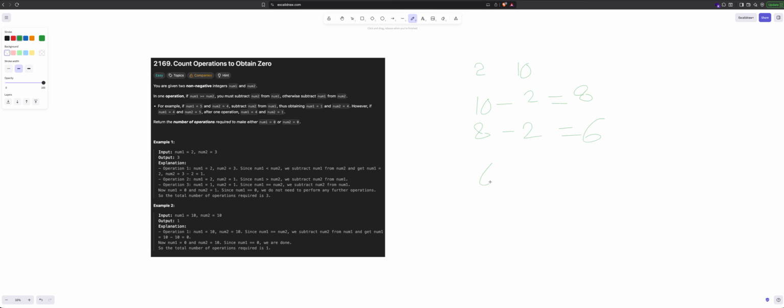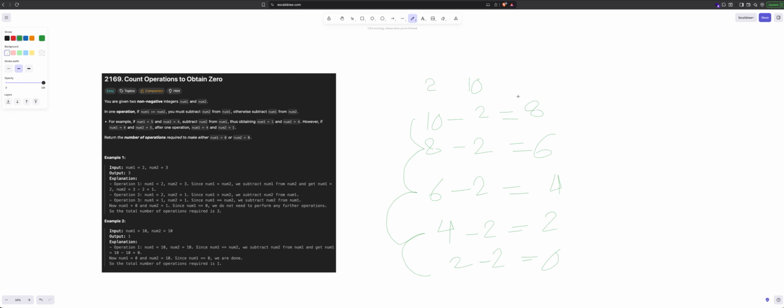After that, 6 minus 2, which results in 4. Then 4 minus 2, which results in 2. And then 2 minus 2, which is equal to 0. That means we are done with our operation, and the total operation count will be 5. 1, 2, 3, 4, 5.